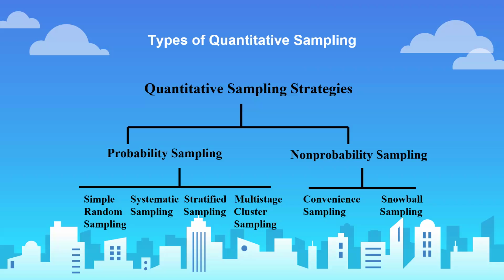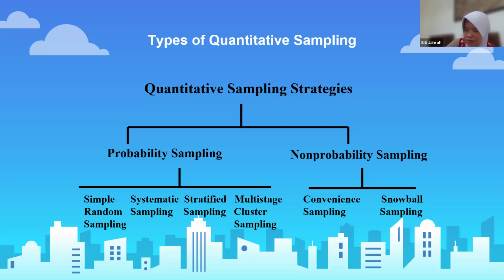Can you explain? It is a type of probability sampling in which the researcher randomly selects a subset of participants from a population. Okay, thank you, Liang Kun.